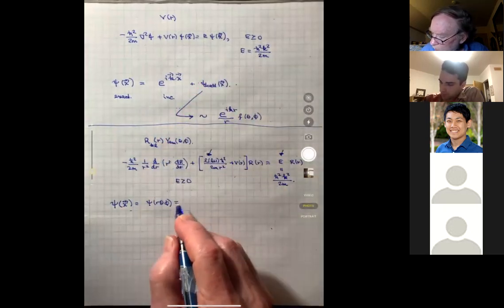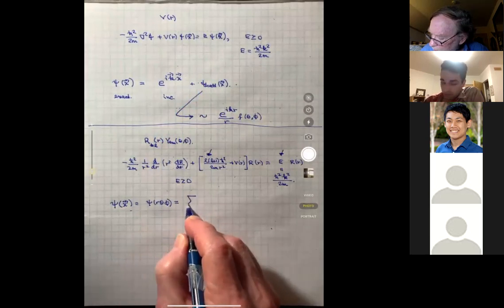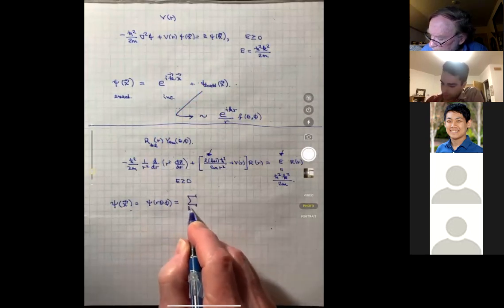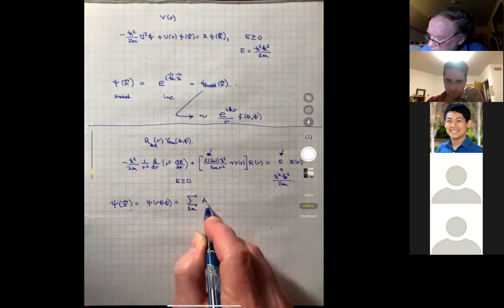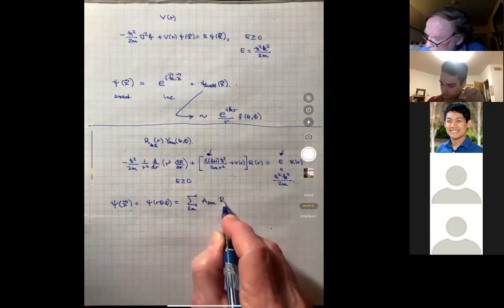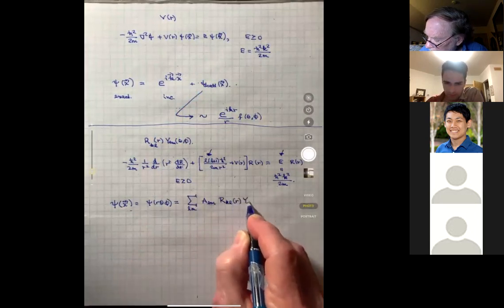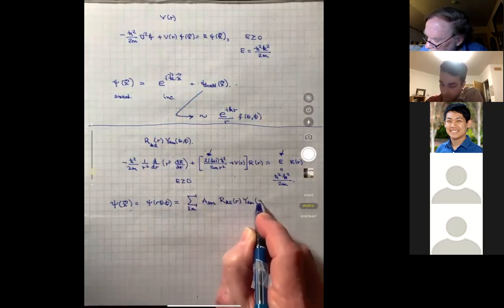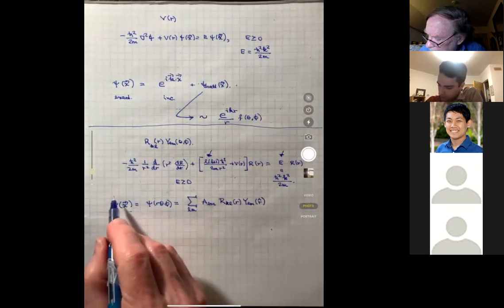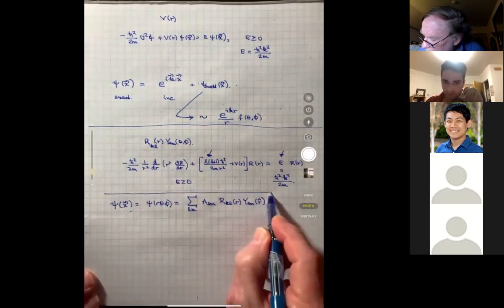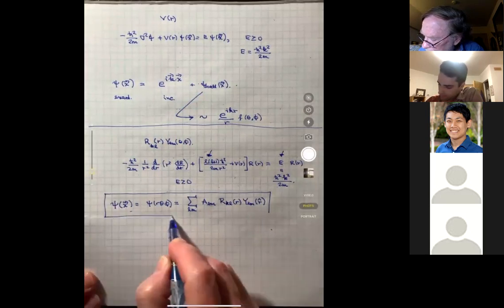So therefore, this exact solution must be representable as a discrete sum over l and m of some coefficients, which I'll call A_lm, times the radial wave function R sub kl of r, times Y_lm of theta and phi, which I'll just write as Y_lm of r hat, like this. I'll box this because this is one of the three things that we need to work on.